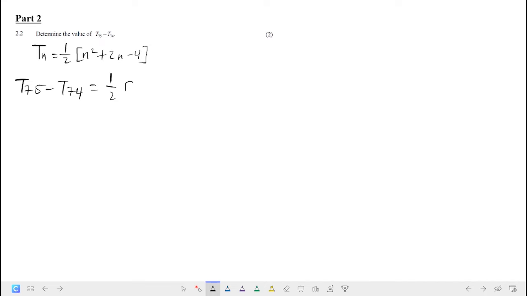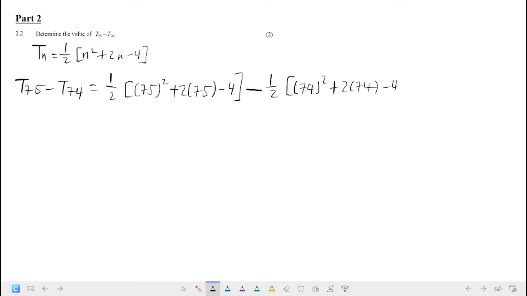So it's going to be 1 over 2 into 75 squared plus 2 into 75 minus 4, minus 1 over 2, and then it's t74 now, which is going to be 74 squared plus 2 into 74 minus 4, right? Then now we're going to go straight into a calculator. When you press that on your calculator, it's going to be 151 over 2.